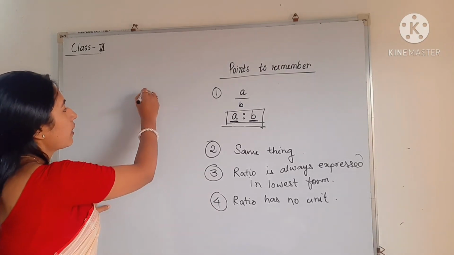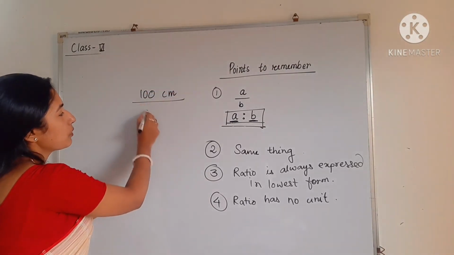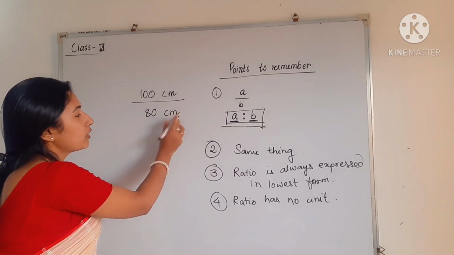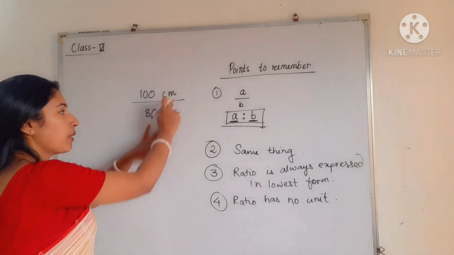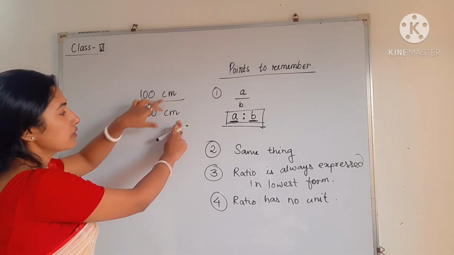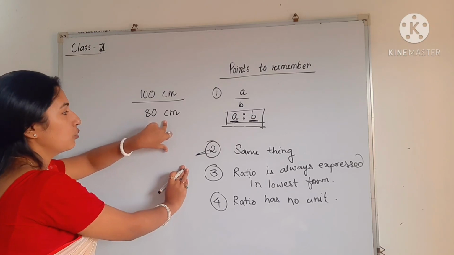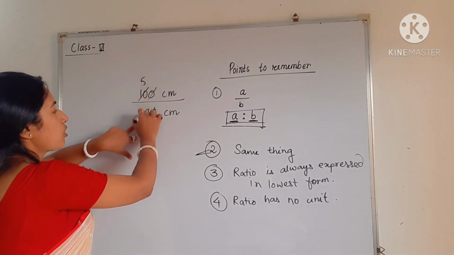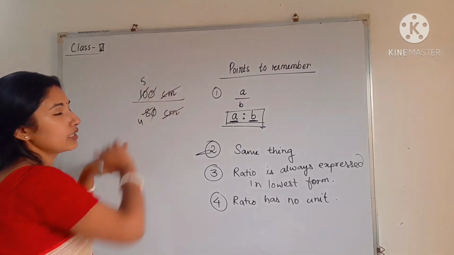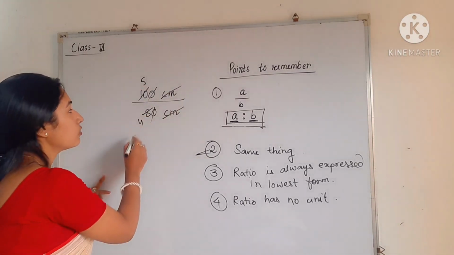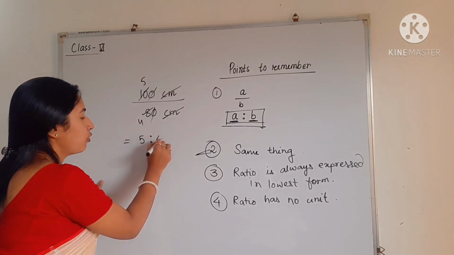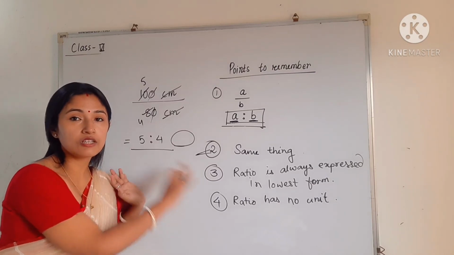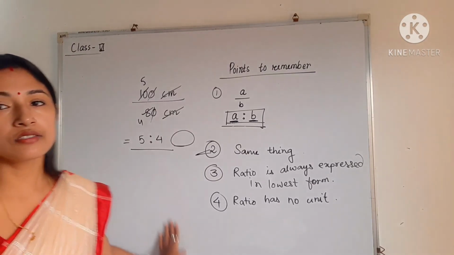Suppose one is 100 centimeter and the other is 80 centimeter. So you have to write both quantities in centimeter. Remember, both should be expressed in the same unit. That was our point number 2. So what will happen? After cancellation, you will get this, and centimeter and centimeter will also cancel out. So finally you will get 5:4. So no need to write any unit. It is unitless. That means it has no unit. Okay, so ratio has no unit.